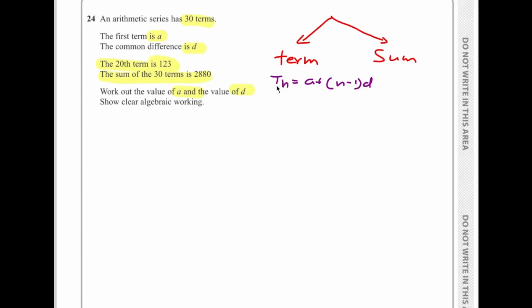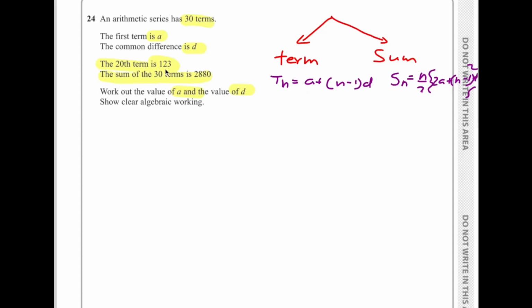T stands for term, so the 10th term is T10. Sn stands for sum, S stands for sum: n over 2 times 2A plus n minus 1 times D. So these are the two types that you get for the questions.